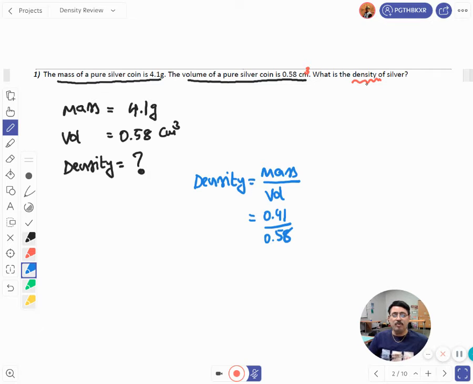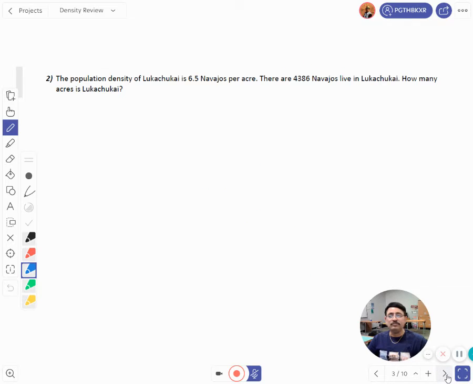So that's giving me 0.70689 and so on, but I'm taking two digits after the decimal, which are sufficient. If you want, you can take the third digit. So these many grams per centimeter cube. This is a pretty easy question. So let me go to the next question.